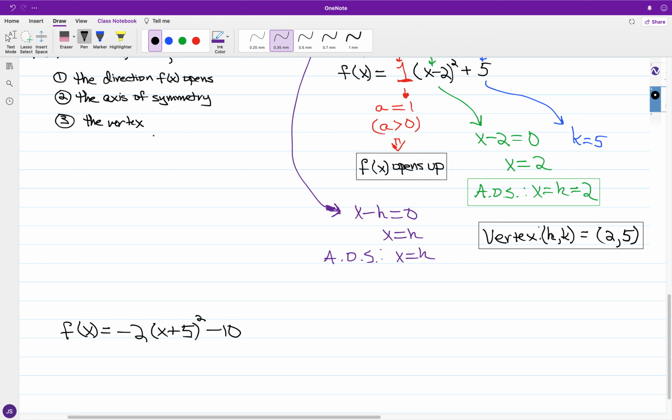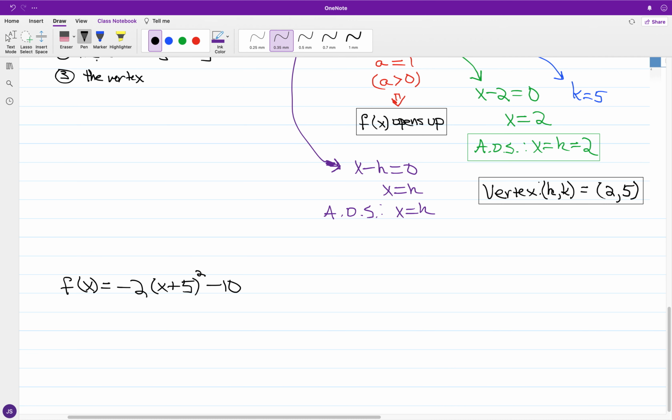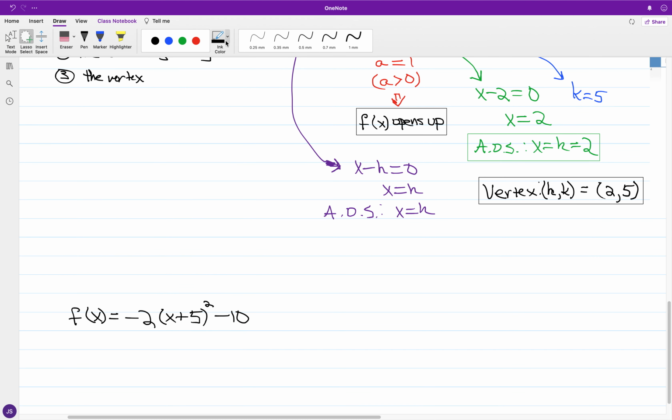And say we were looking at trying to find the same three components: where the graph opens, the axis of symmetry, as well as the vertex. So once again, adopting the general layout of the vertex form.